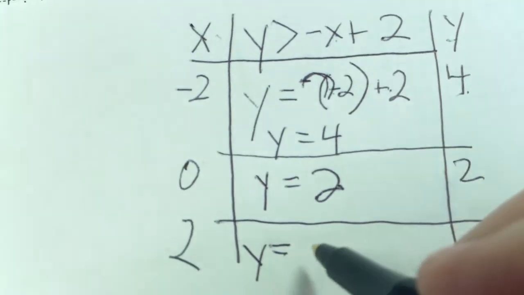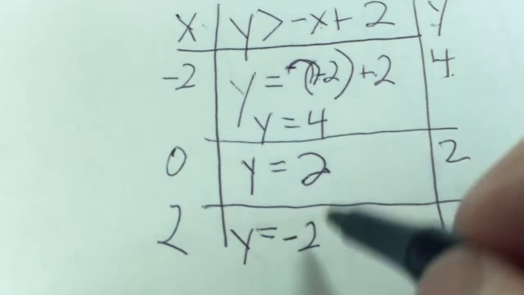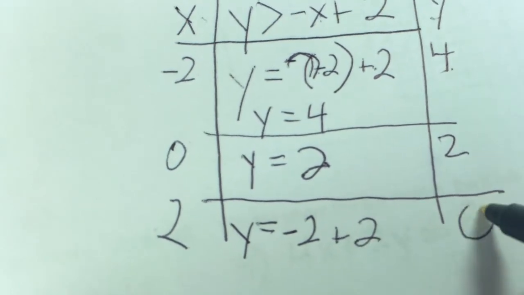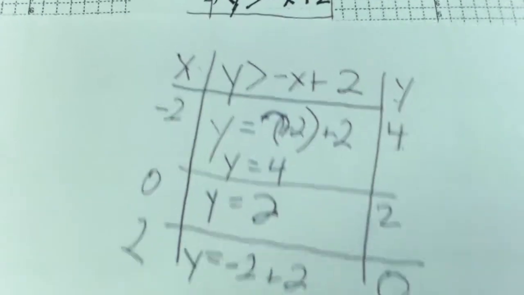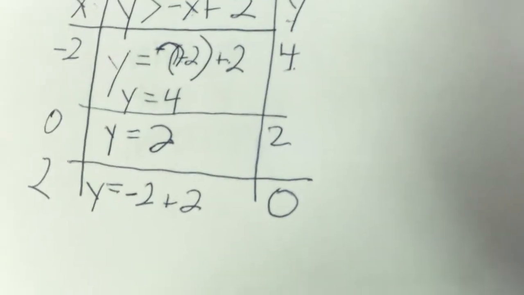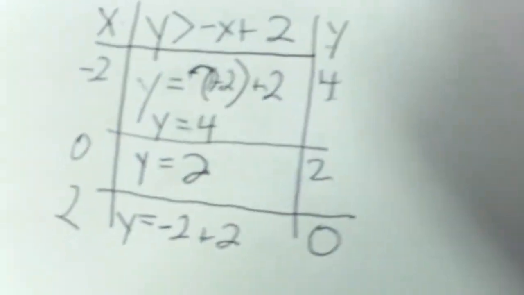X is +2, so we're going to take +2 and make it negative, and then add 2. -2 plus 2 is 0. So my 3 points are -2, 4; 0, 2; and 2, 0.